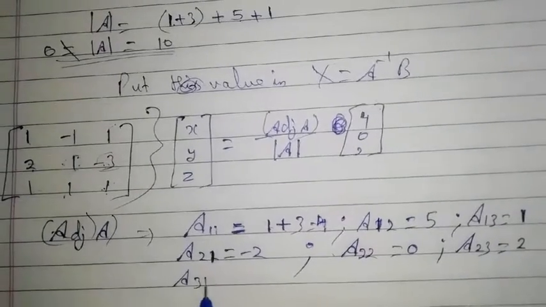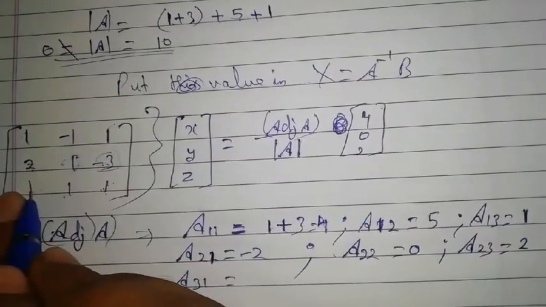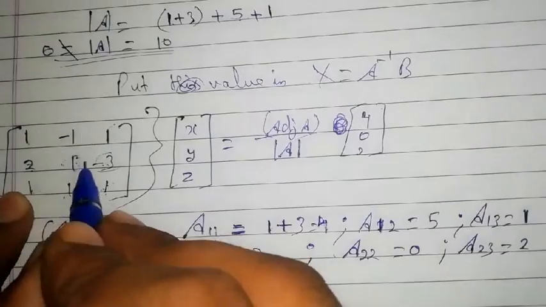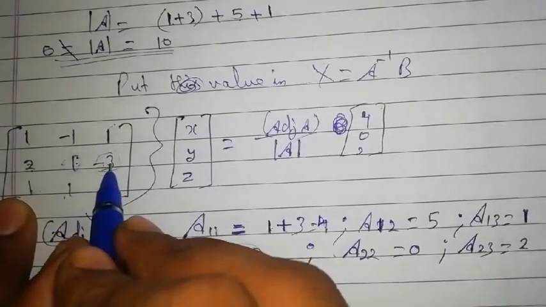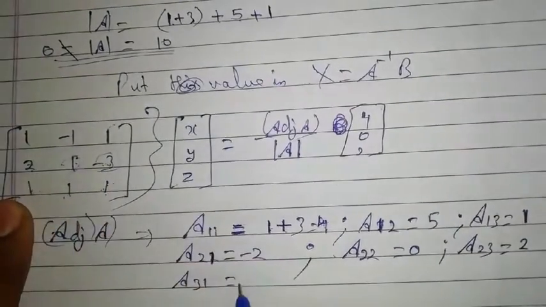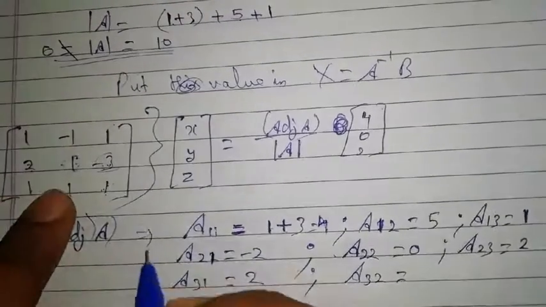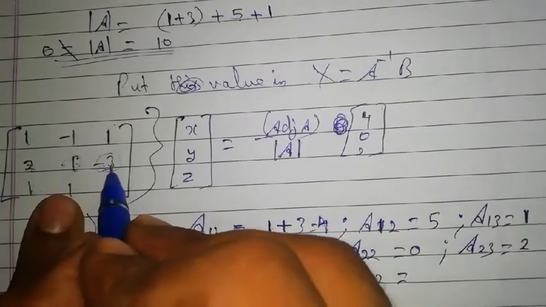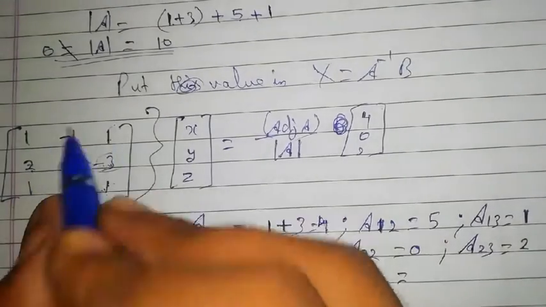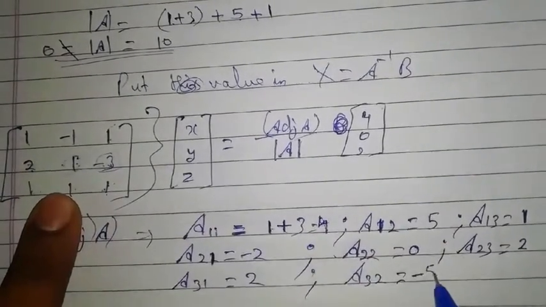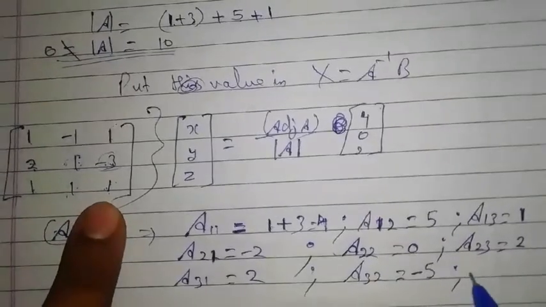Now A31, this is A31. So we have to multiply these two. Minus 1 into minus 3 is 3, minus 1 is 2. Now A32, this is A32. So 1 minus 3, minus 3 and 2 ones are 2, minus 2, so minus 5.